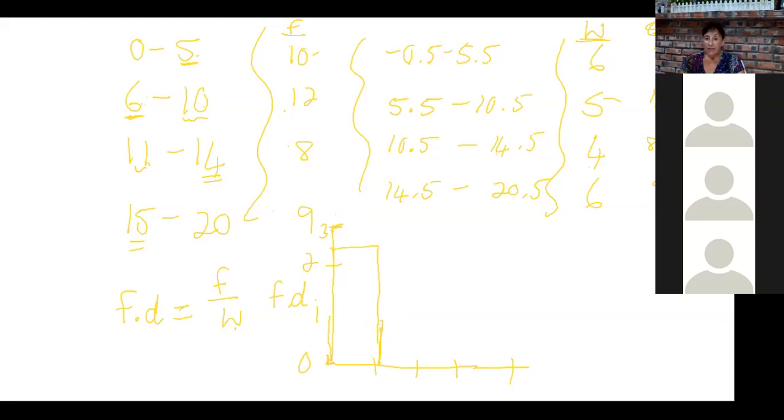Right, and then the next one is 2.4, 12 over 5. It's the frequency density and the width. It's from 5.5 to 10.5. It's like there, and it's up to 2.4, which is a little bit below.